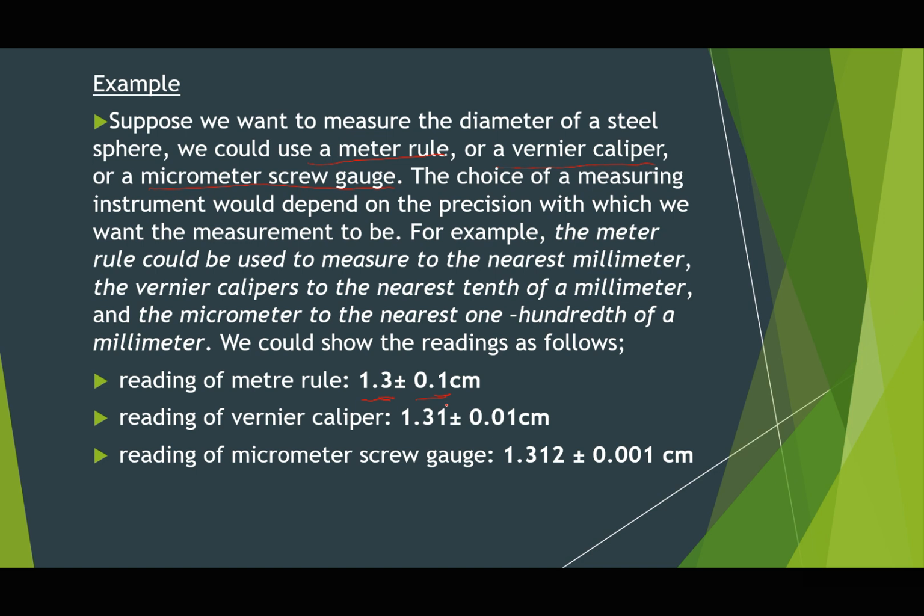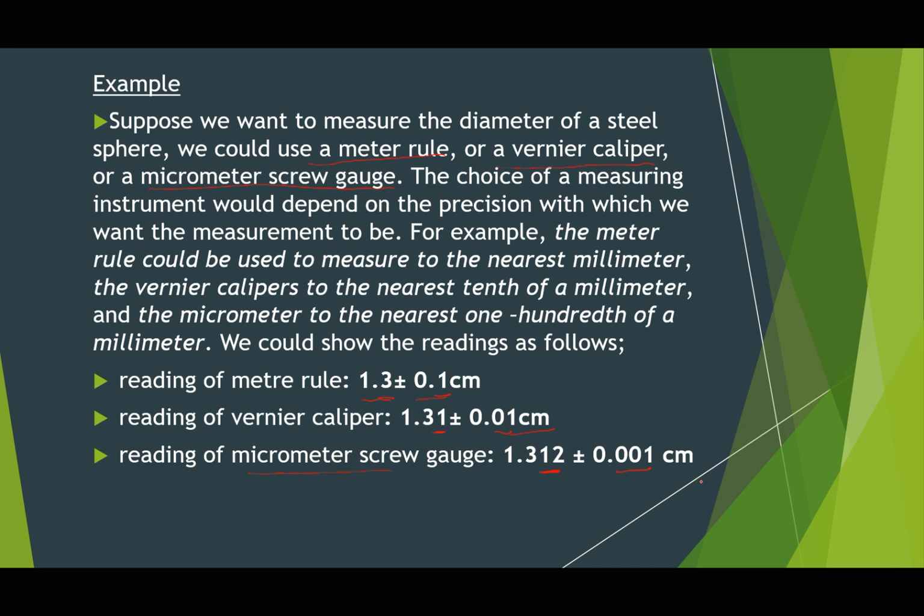If the same measurement is taken using a vernier caliper, another decimal place is introduced because the vernier caliper measures to 2 decimal places in centimeters. Then if a micrometer screw gauge is used, again another decimal place is most likely going to be introduced because the micrometer screw gauge measures to 3 decimal places in centimeters.